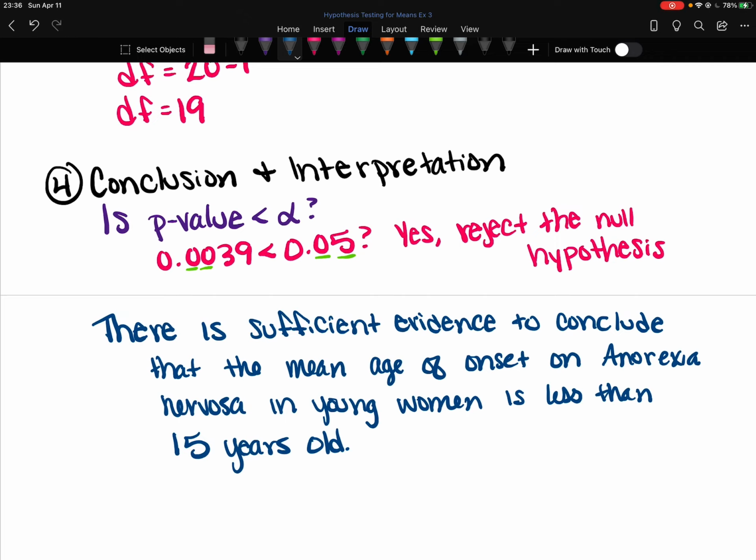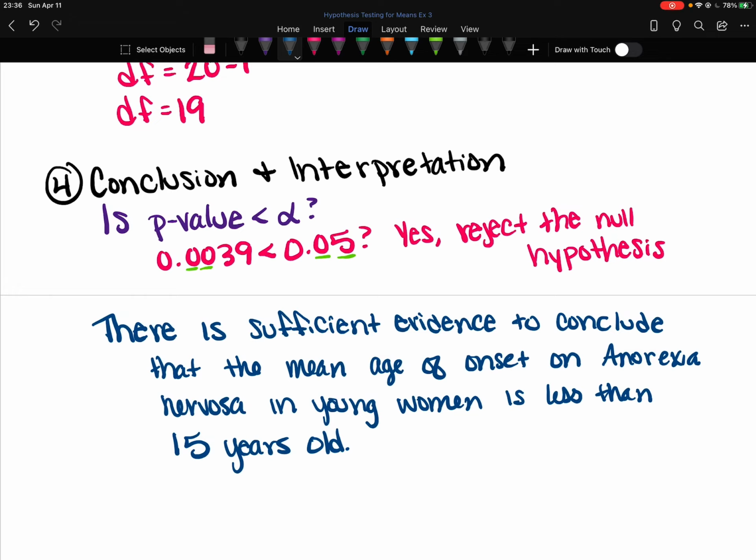If the mean is 15, remember the mean is about the middle. So that means about 50% of young women who are going to become anorexic are going to be anorexic before they are 15 years old, which for a lot of them means before they hit high school.